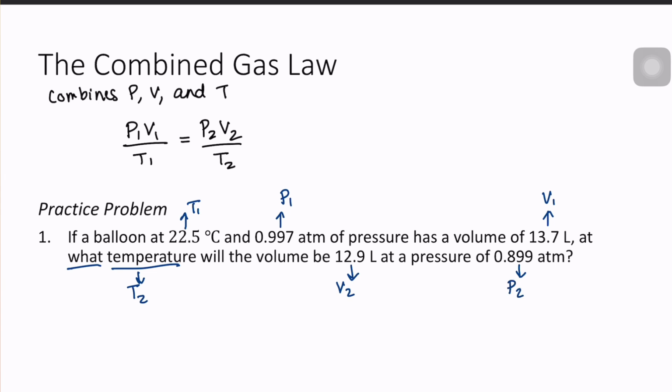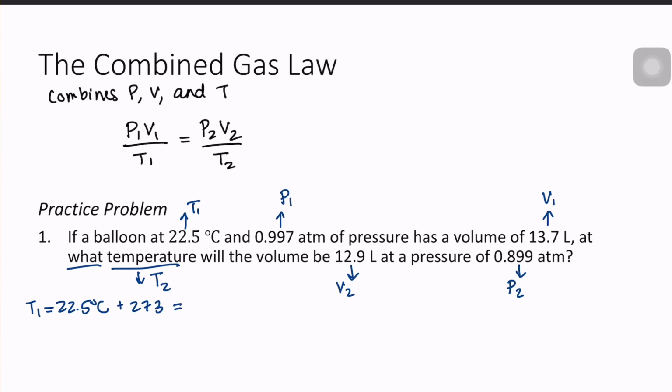So I can list out all of my variables. T1 is going to be 22.5 degrees Celsius, but remember, this has to be in Kelvin. So we're going to have to change this to Kelvin. And we can do that by adding 273.